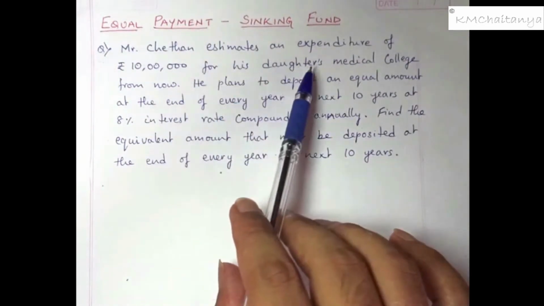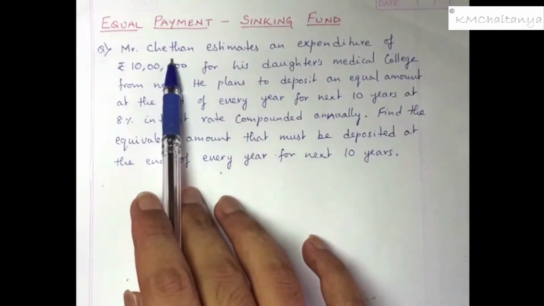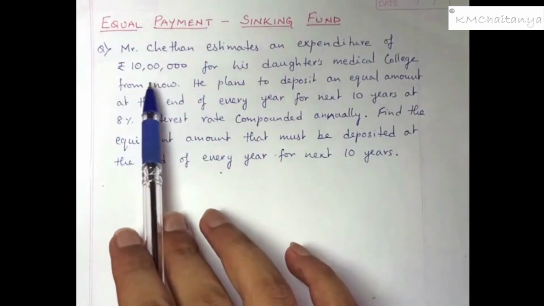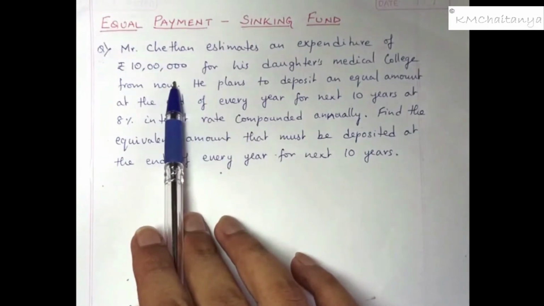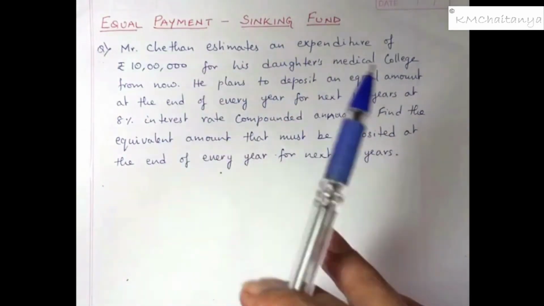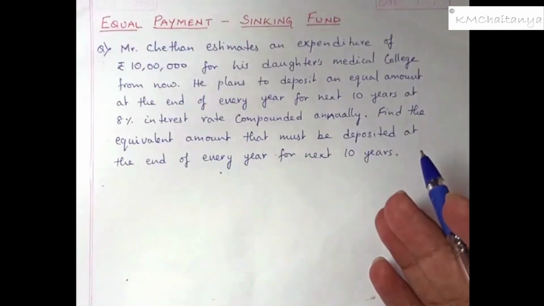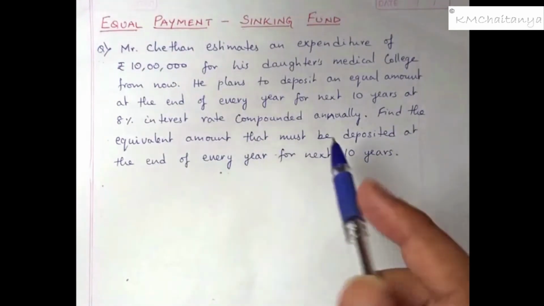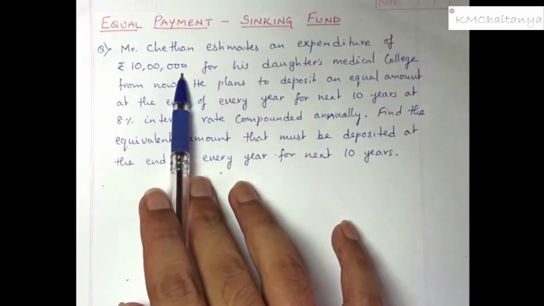For the medical college expenses of Mr. Chetan, he is estimating that he requires about 10 lakh rupees after 10 years from now. So he plans to deposit an equal sum of amount every year from the end of next year, so that he is going to get an amount of rupees 10 lakhs after 10 years.